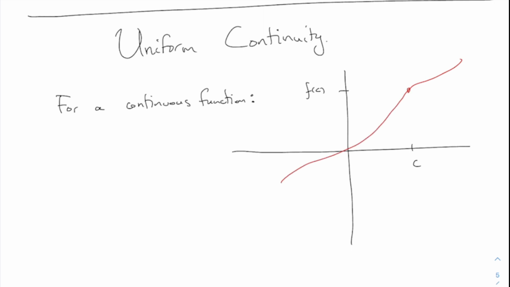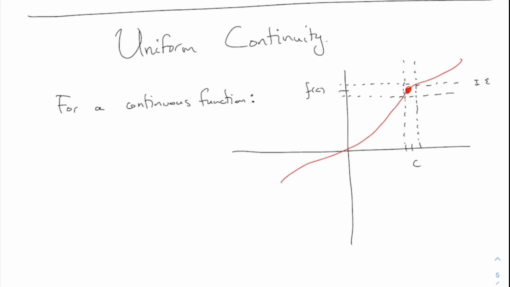No matter how small this horizontal band is, this band has radius epsilon, you can always find a similarly small band around the c so that all the values near c in this band end up in this band up here when you plug them into the function.